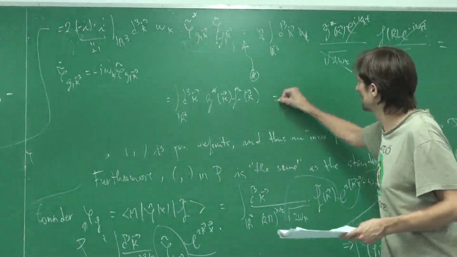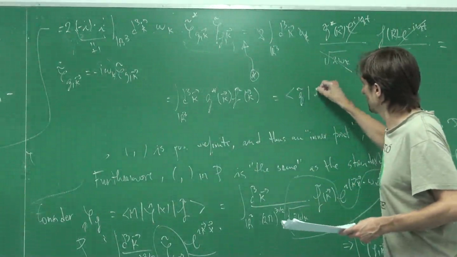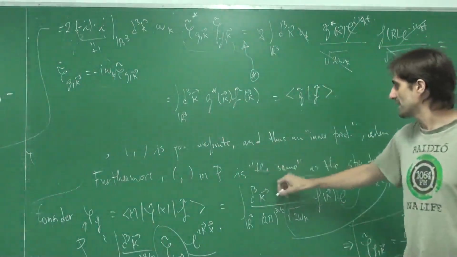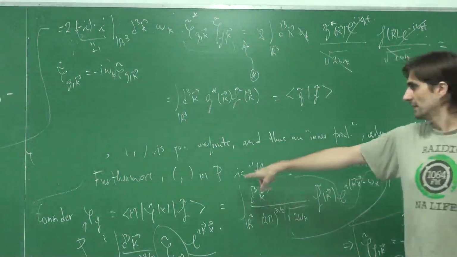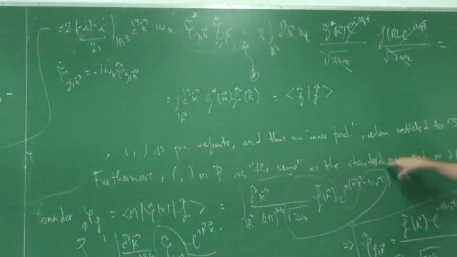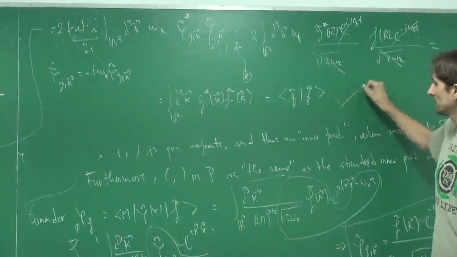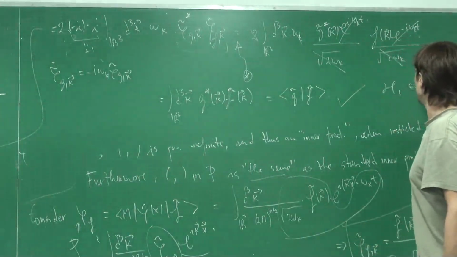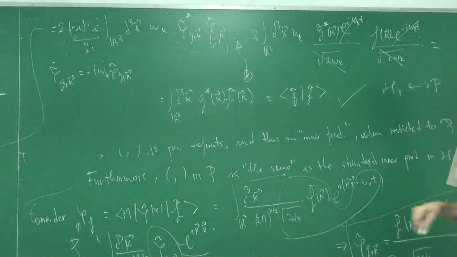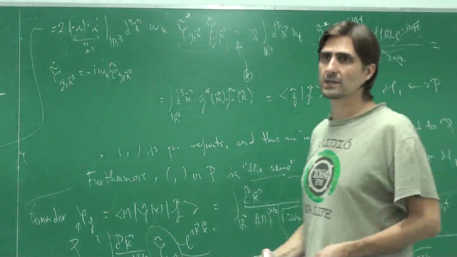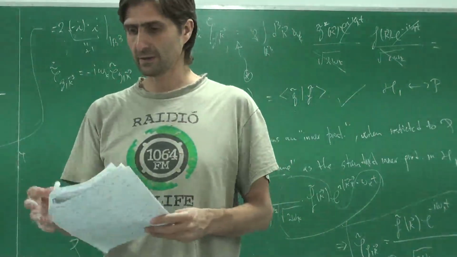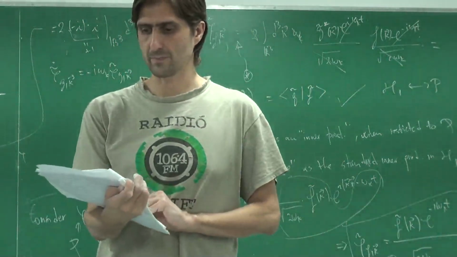So this is just g tilde, f tilde. Okay, so this is what I said here. The inner product in P is the same as the standard inner product in H1. So we have a one-to-one mapping between one particle states and positive frequency solutions, and the corresponding inner products are the same.